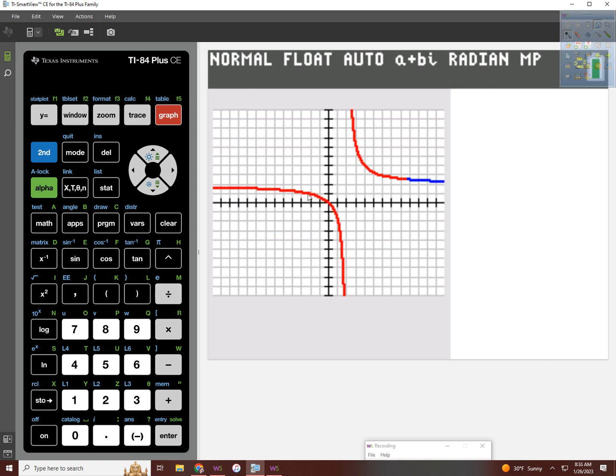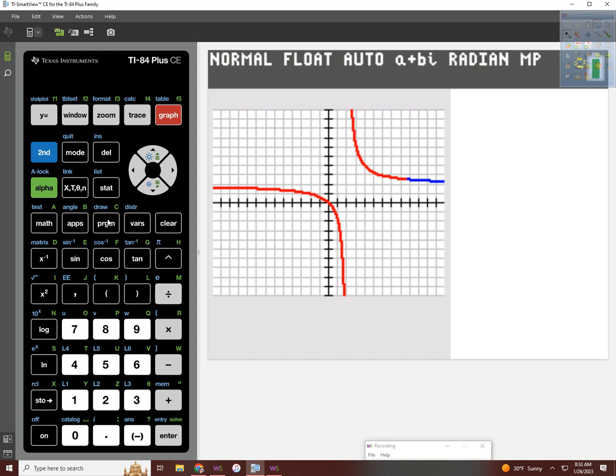Notice that the blue one drew right over the red one, and so that's a little bit different for us. So we're going to have it draw the inverse of the blue one. The blue one is directly underneath the red one if you were watching this. So if we draw the inverse of the very first one and it draws over the red one, then it's just an inverse of itself.